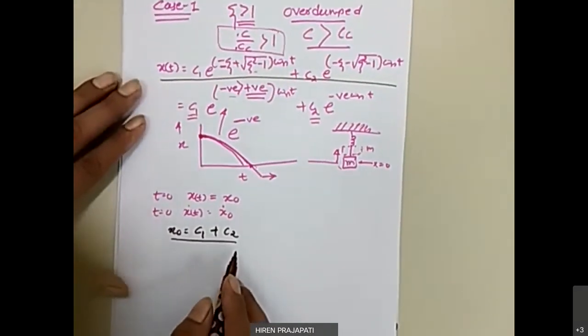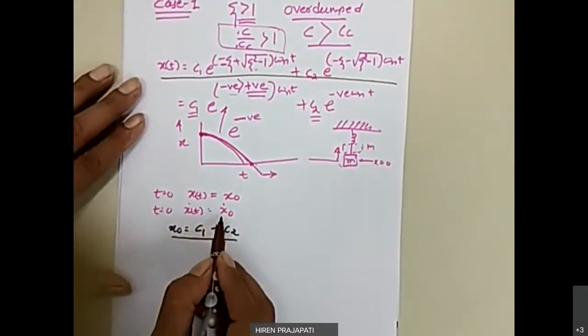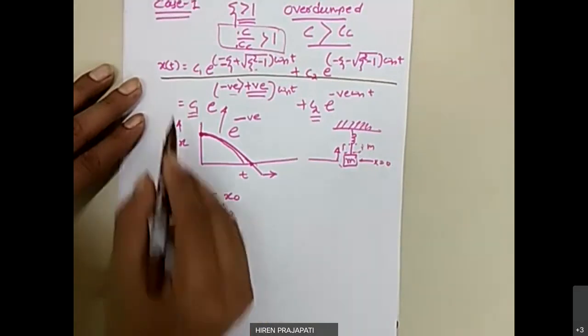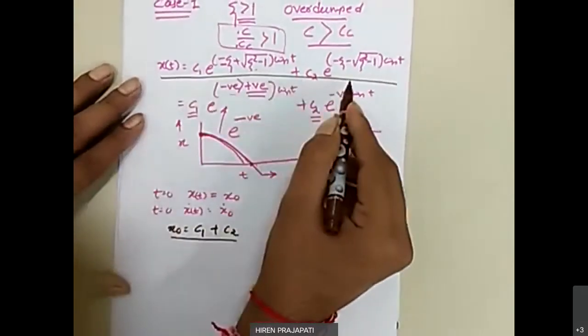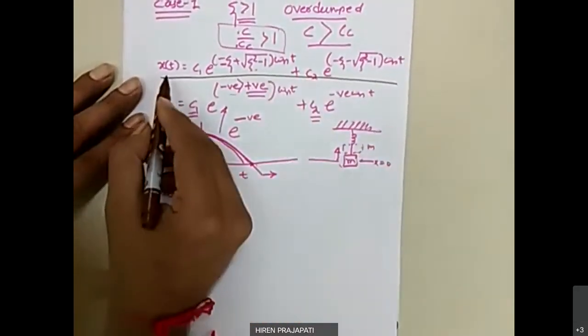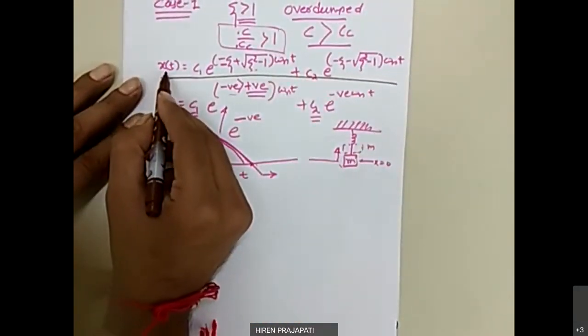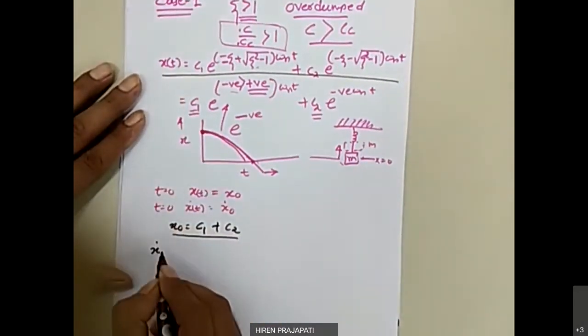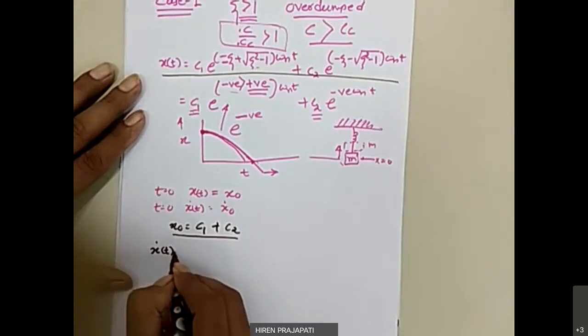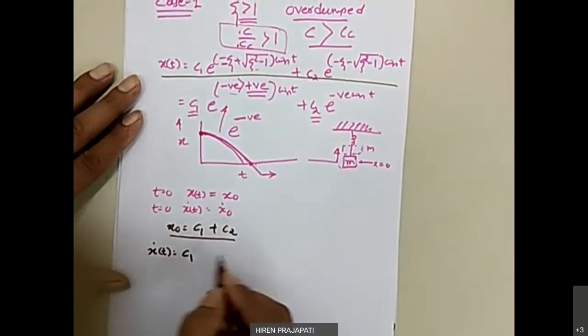Now we need to use the velocity, but we do not have a velocity equation. So let us find the velocity equation from this displacement equation. To find the velocity equation, we need to differentiate this with respect to time. So let us differentiate it. x dot of t equals c1, which is constant.